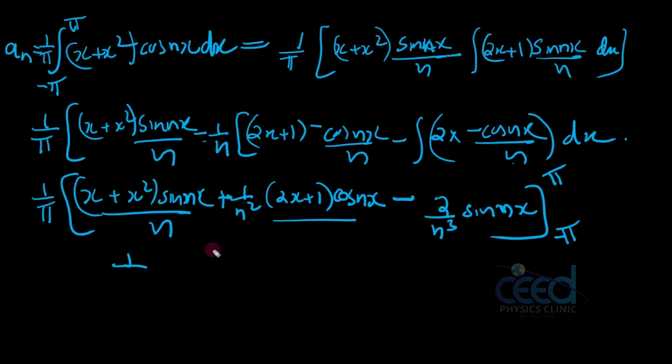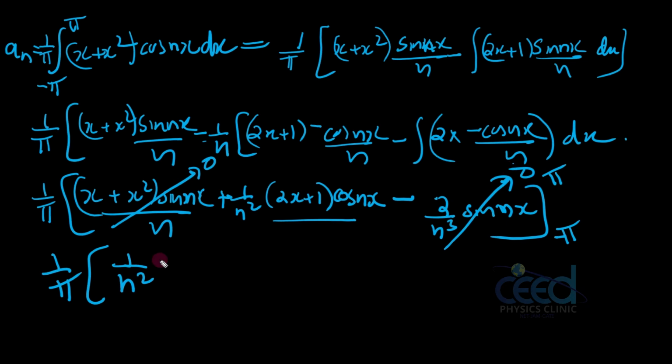Okay, so I can write the pi value here. So 1 by n square into, outside I have a 1 by pi, and this term is 0 and this term is 0. So when I am substituting the values, that is 2 pi plus 1 into cos n pi, right?